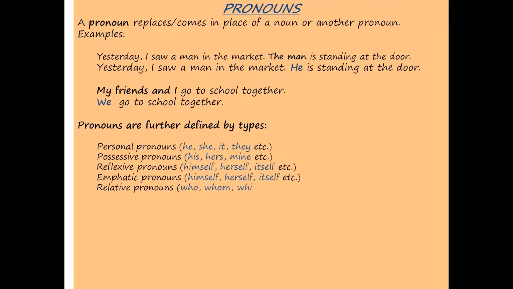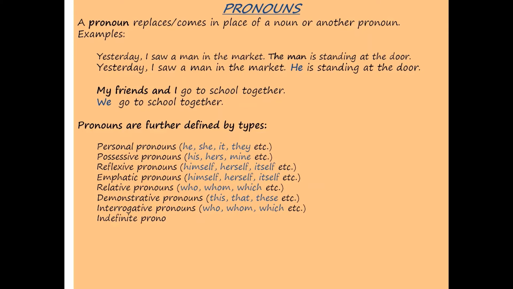Then relative pronouns: who, whom, which, etc. And then demonstrative pronouns: this, these, those, that, etc. And then interrogative pronouns: who, whom, which, etc. Then comes indefinite pronouns: all, many, few, little, the number that is not definite.